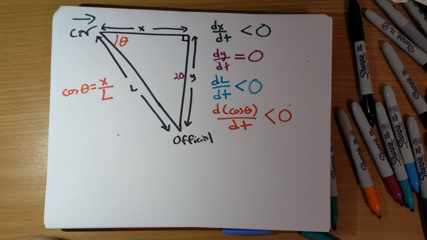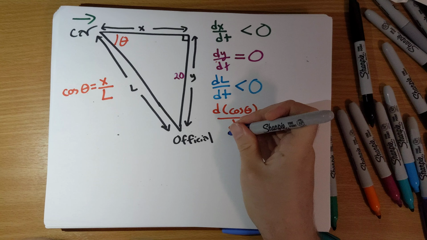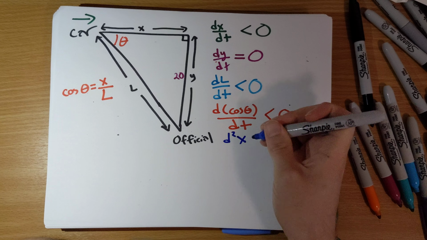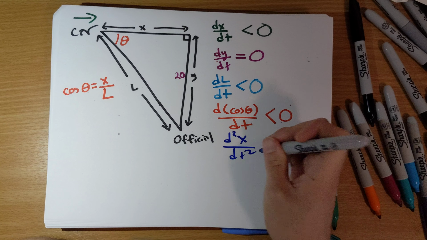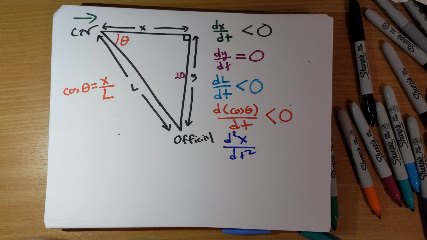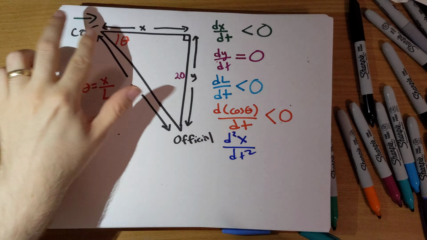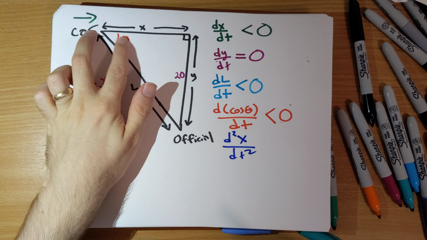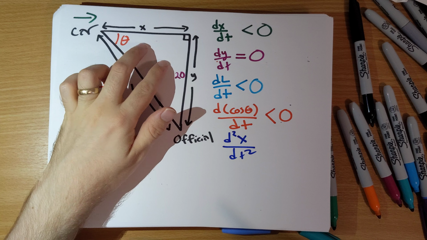Part E, what's the sign of, now we have a second derivative, a second derivative of x with respect to t. The car is moving at a constant positive speed here.